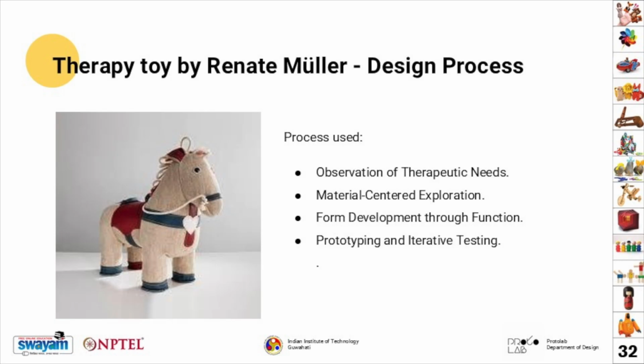Muller worked closely with child psychologists, occupational therapists, special educators, and children with physical and cognitive disabilities. Instead of starting from aesthetics, she began by understanding sensory needs, motor skills, limitations, emotional and behavioral conditions, and therapeutic goals.